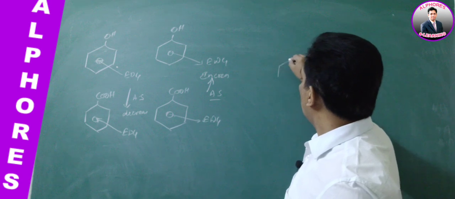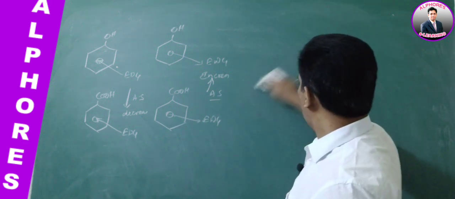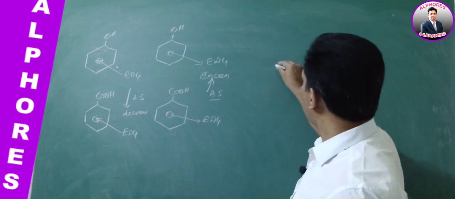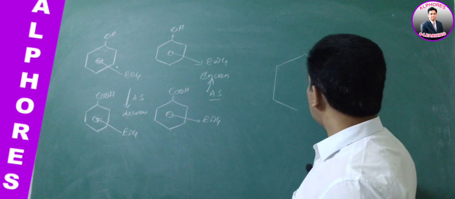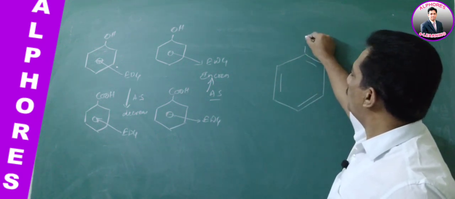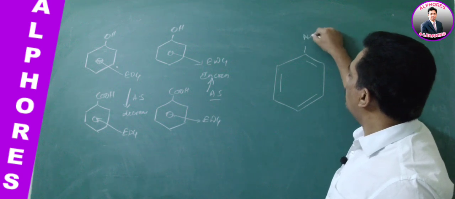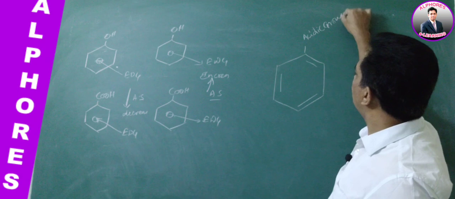As you know, if it is a benzene ring, let me write like this. Benzene ring with an acidic group, either OH or COOH, is present here.